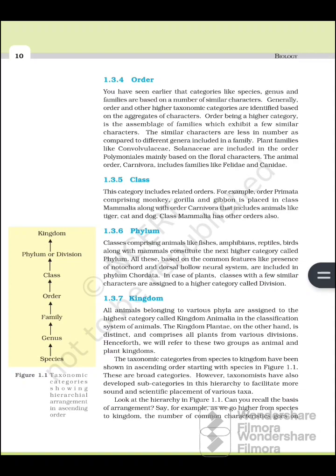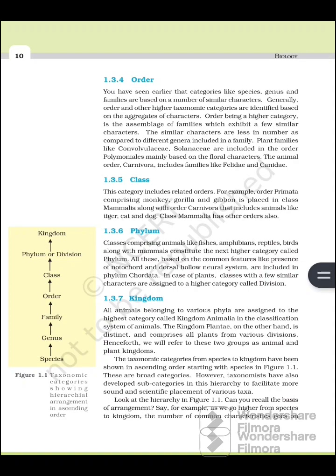First of all, let's move to figure 1.1. Starting from a lower hierarchy to the higher one, we have species, genus, family, order, class, phylum or division, and finally we have kingdom. Figure 1.1 description goes as: taxonomic categories showing hierarchical arrangement in ascending order. Coming back to the topic, third paragraph, look at the hierarchy in figure 1.1.